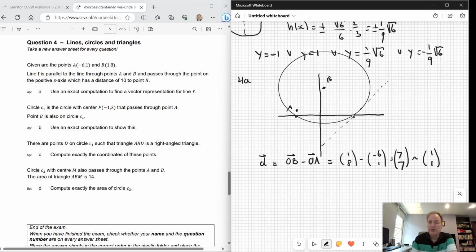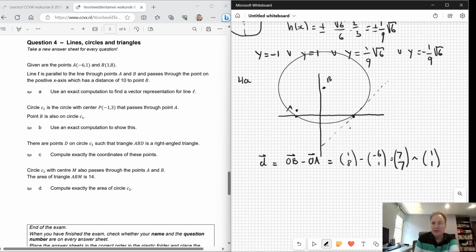And okay, so what's this point? We need to find the intersection of this circle with radius 10 and center B with the positive x-axis.